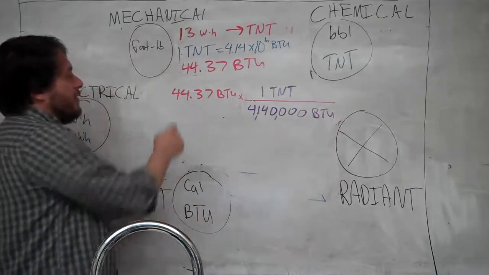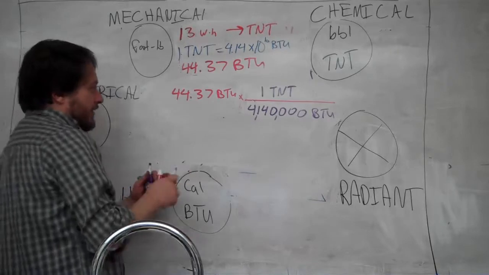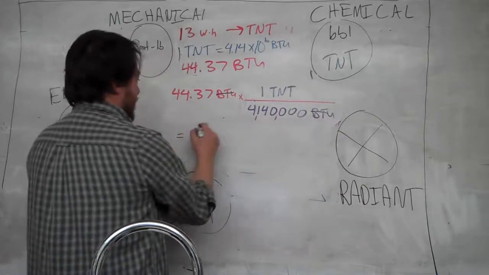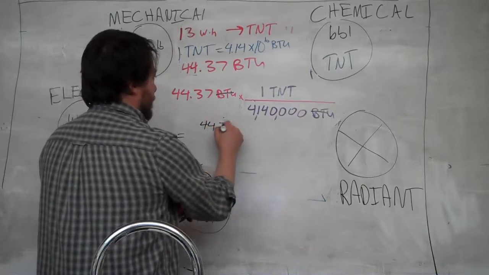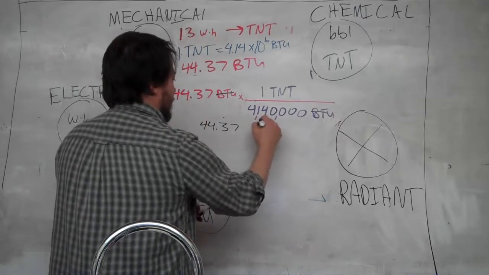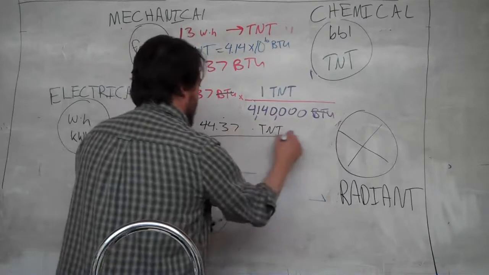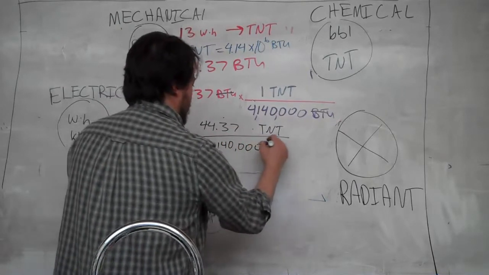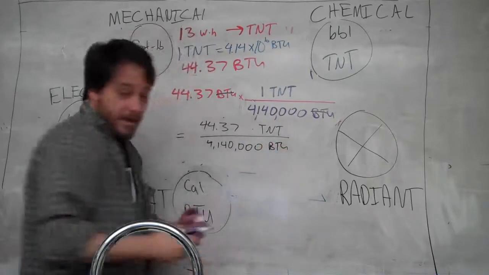That's really just dividing this by this, but what it allows us to do is cancel out BTUs. And what we get is 44.37 times TNT divided by 4,140,000 BTU.